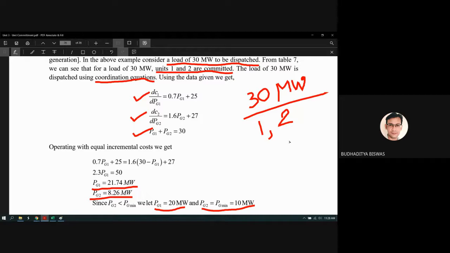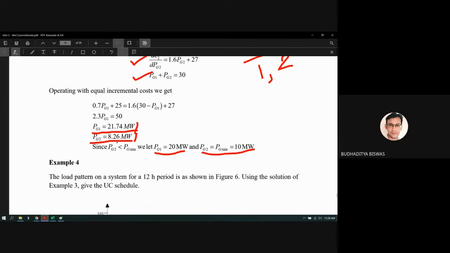But how the 30 megawatt is distributed among unit 1 and 2 can be given using the economic generation criteria. As the exact solution crosses the limit, we need to fix it at 10. If PG2 becomes 10, PG1 definitely becomes 30 minus 10, or 20.